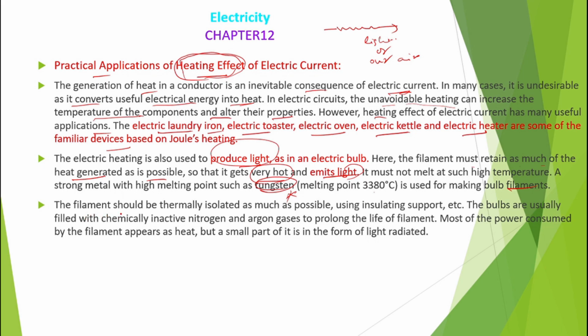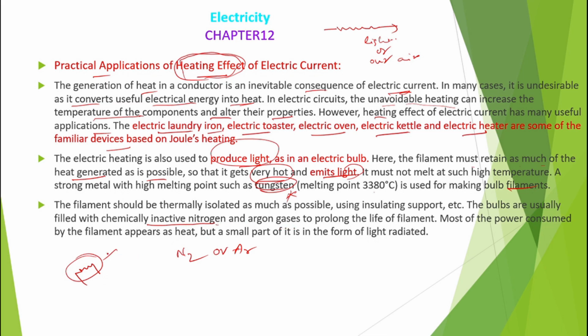The filament should be thermally isolated as much as possible, using insulated support etc. The bulbs are usually filled with chemically inactive nitrogen gas or argon gas. To protect this filament and prolong its life, they have used the inactive nitrogen or argon gases.